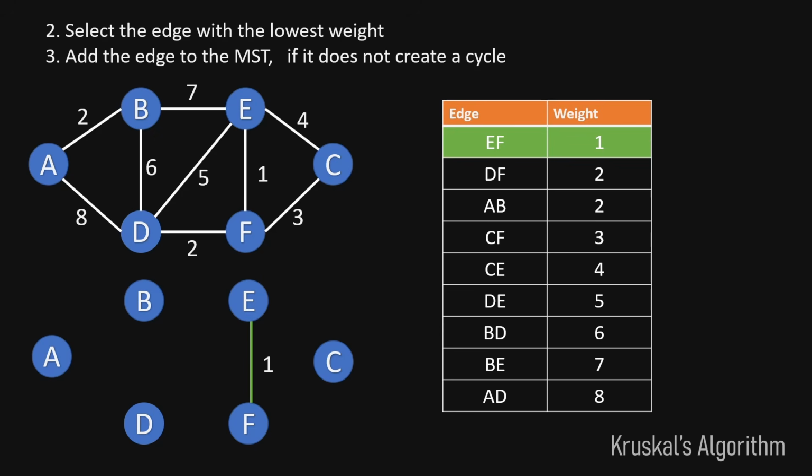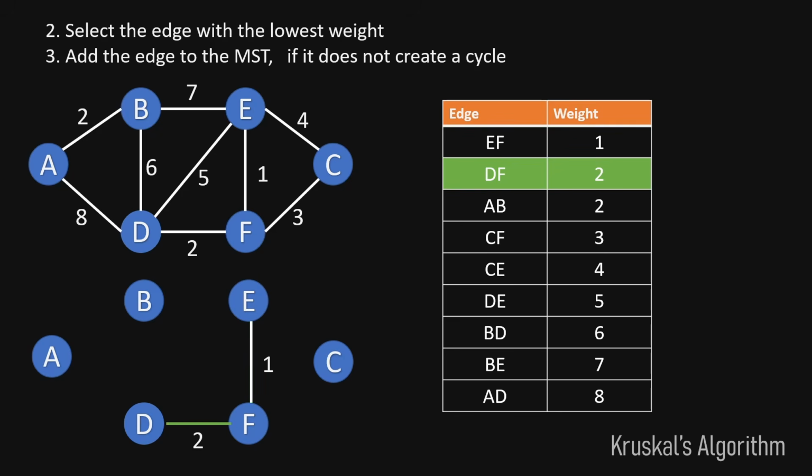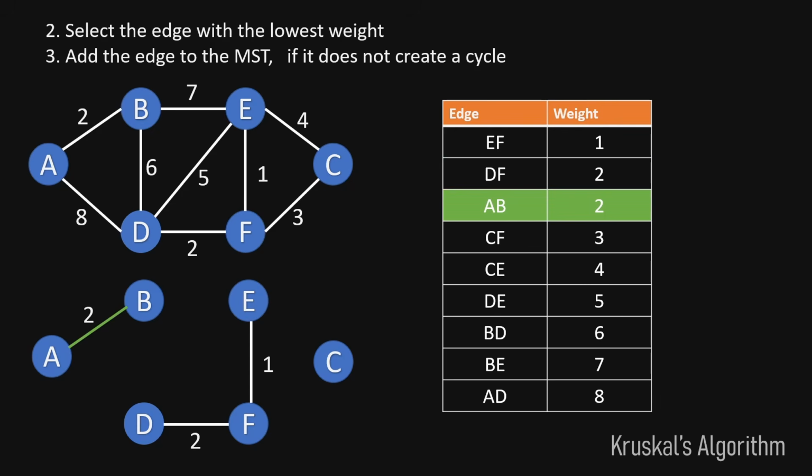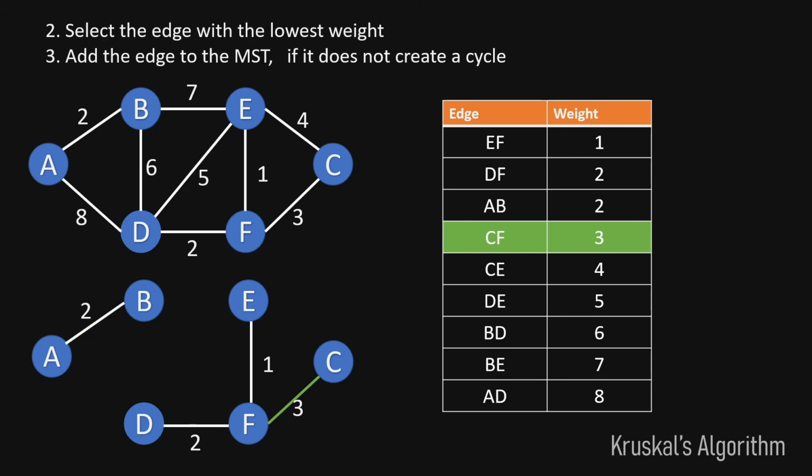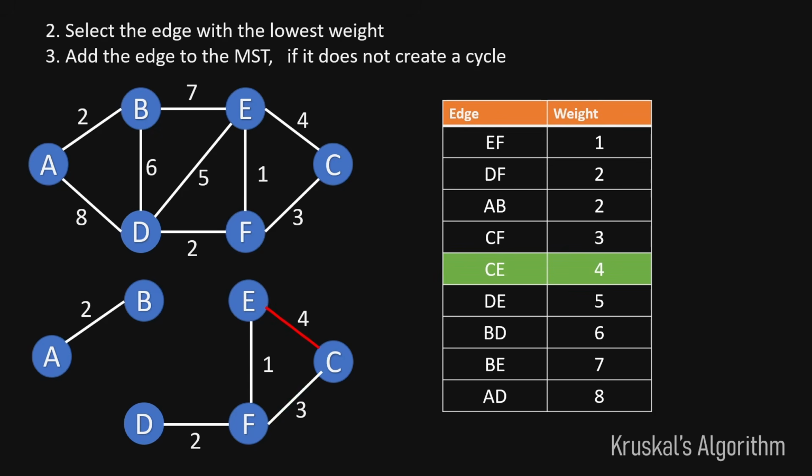So we're going to start with the EF, we're adding it to the MST, we are also adding DF to the MST, we're adding AB to the MST, we're adding CF to the MST, and now for the first time, something more interesting happens because adding CE would create a cycle in this graph.